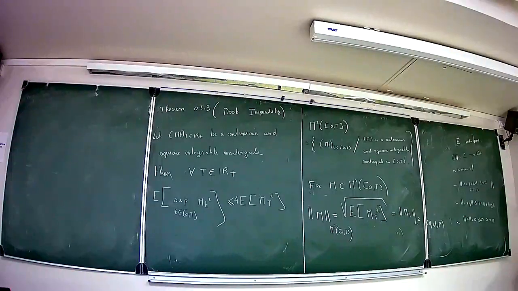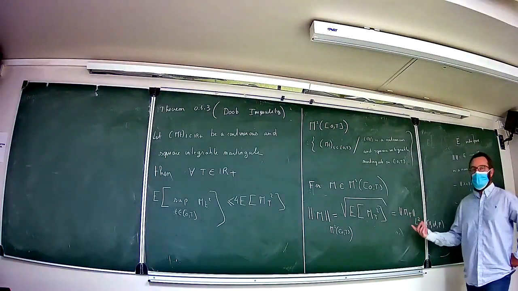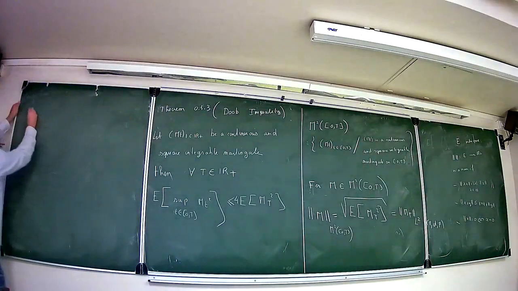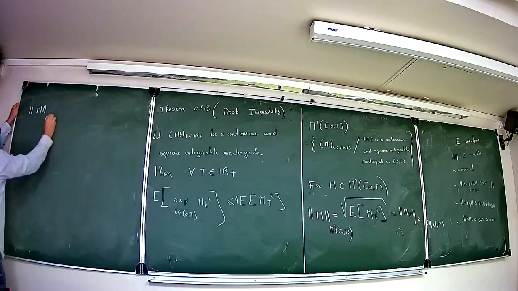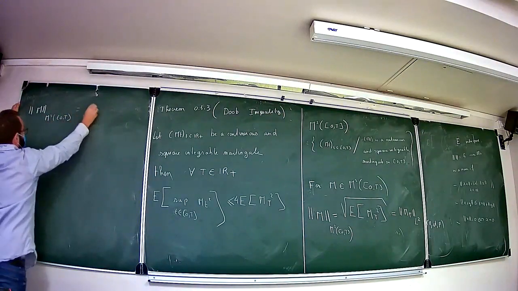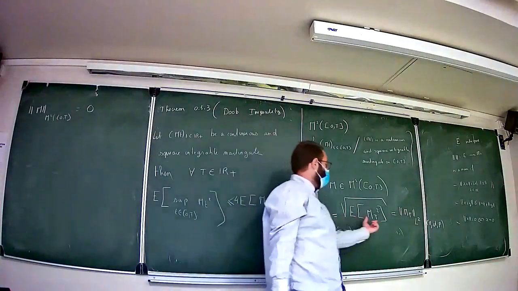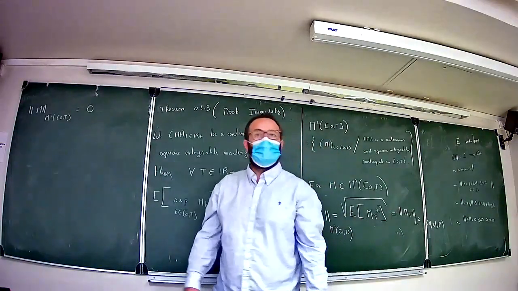So a priori, if my norm is 0, from my definition I can say that M_T is equal to 0 P almost surely.